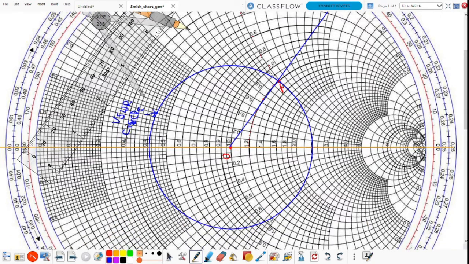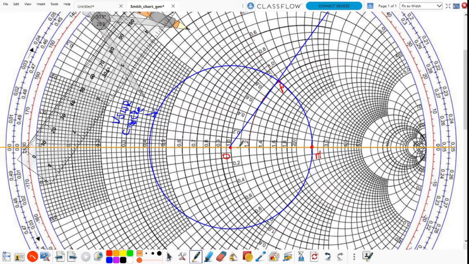This VSWR circle intersects the horizontal axis. To the right of this Smith chart, the VSWR circle intersects the horizontal axis. That intersection point is considered as point M. From the center to the point M, this distance is the VSWR value.